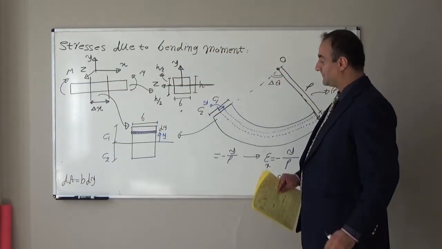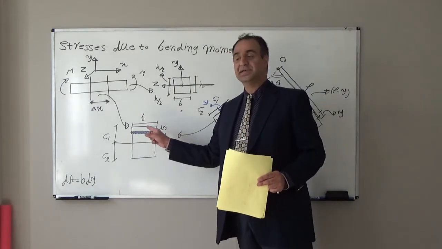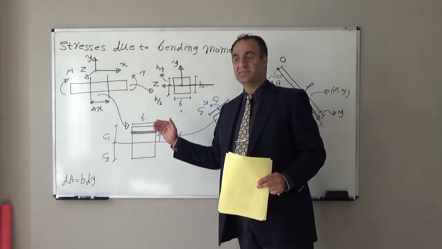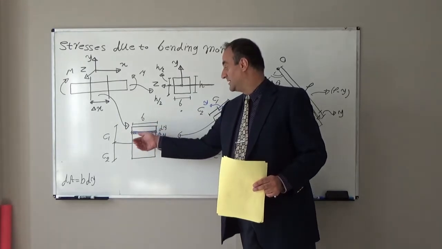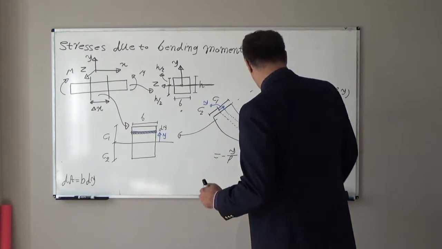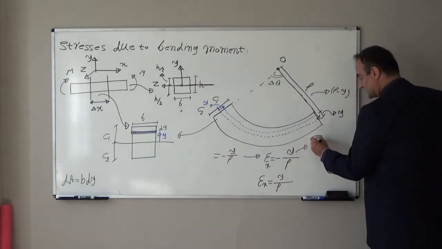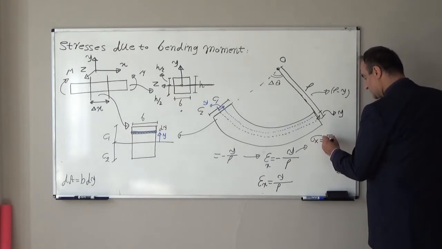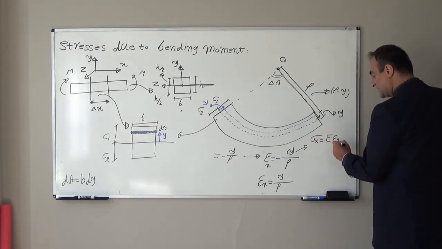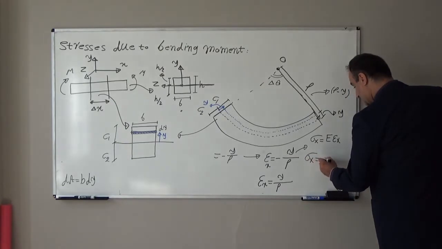I have strain in this fiber. Strain in this fiber times Young's modulus will give us stress in this fiber. So the stress in that fiber, because sigma x is equal to E epsilon x, the normal stress, will be equal to minus E y over rho.